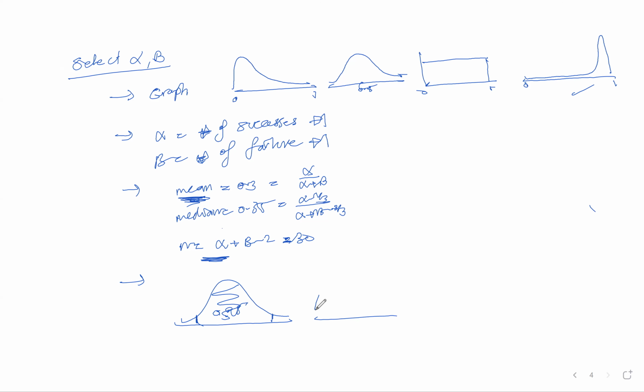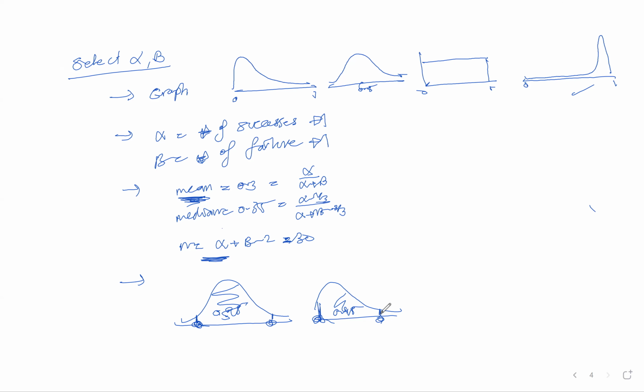Or this one is another beta distribution, and the area in between is 0.95. Then you select the one that matches your belief, like, I think it is between these two values, and so on. So there are many ways to select alpha and beta.